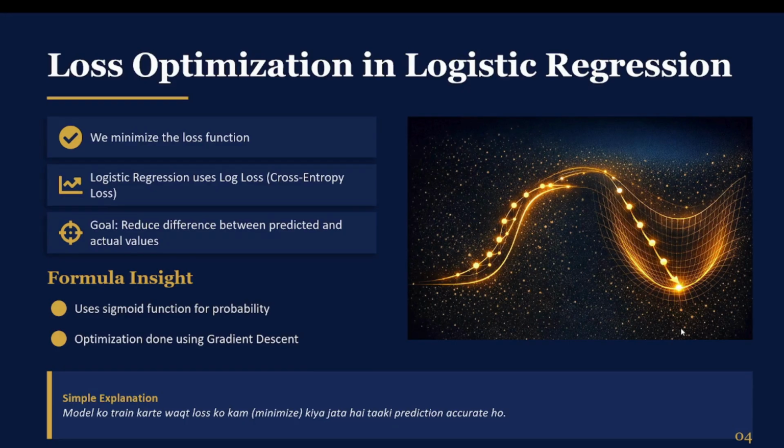This is why we always minimize the loss, because minimizing the loss is equivalent to maximizing the accuracy and reliability of the model's predictions. The key takeaway: in logistic regression, the loss function, specifically log loss or cross entropy loss, is always minimized using gradient descent, and this minimization process is what drives the model to learn and improve its predictions during training. Thank you.